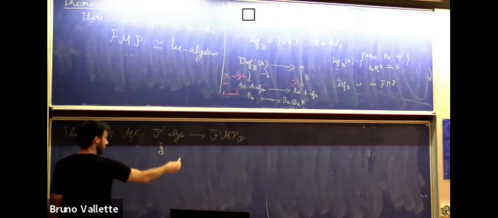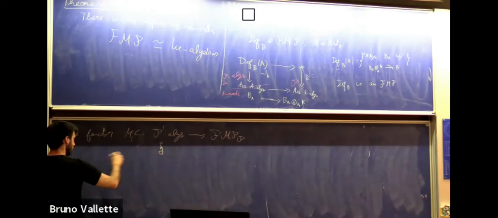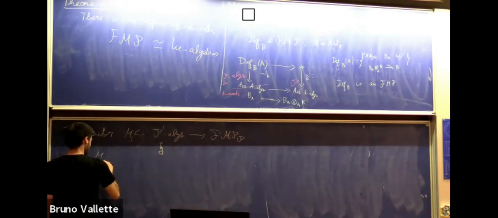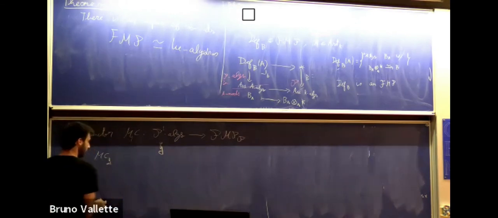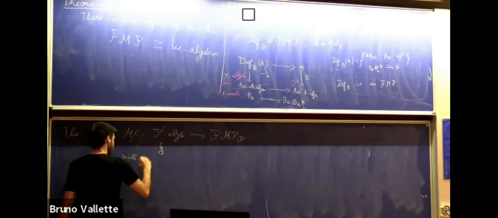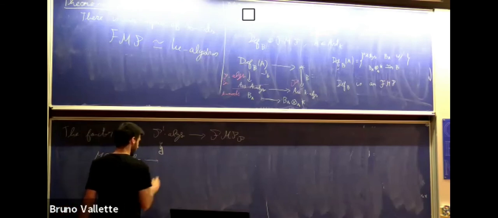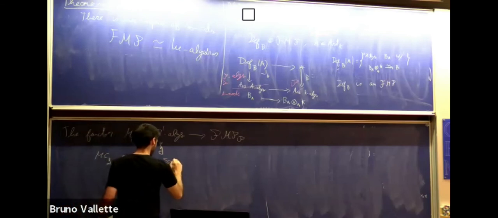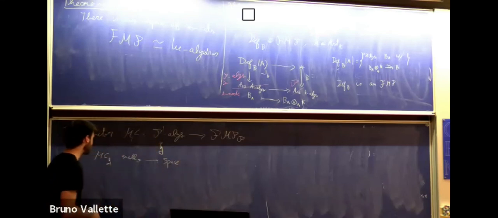So what do we want to do? We want to construct something that I will call Maurer-Cartan of g, that will take small P algebras and give you some space.